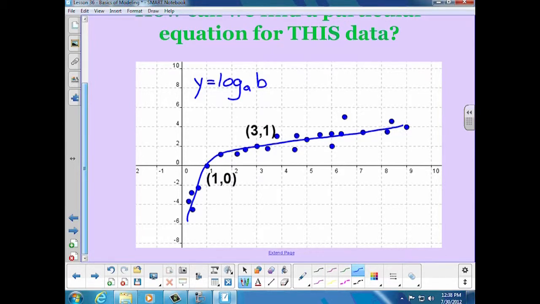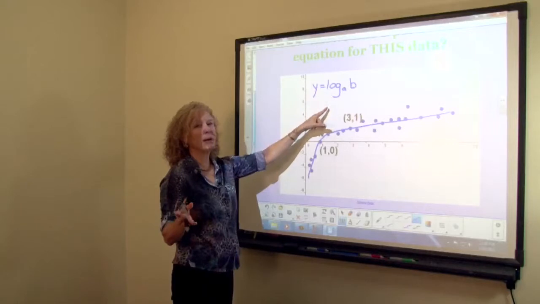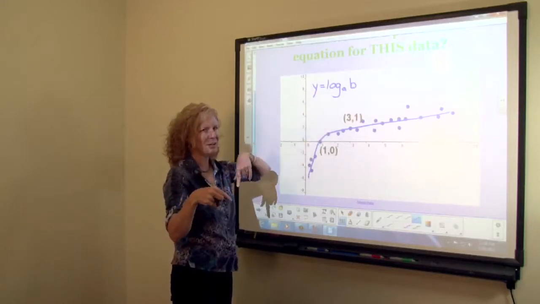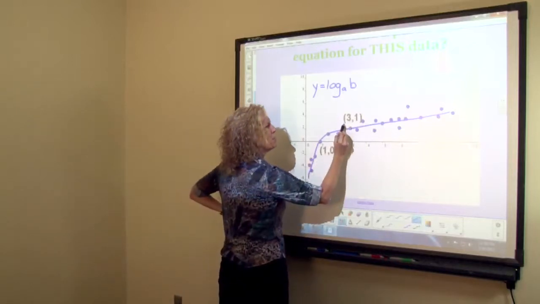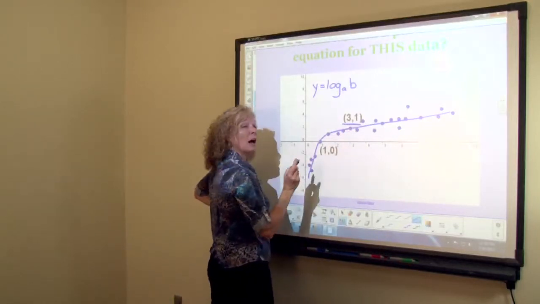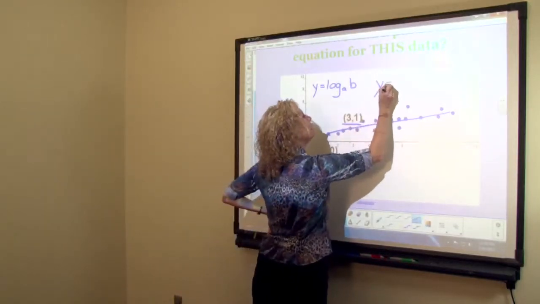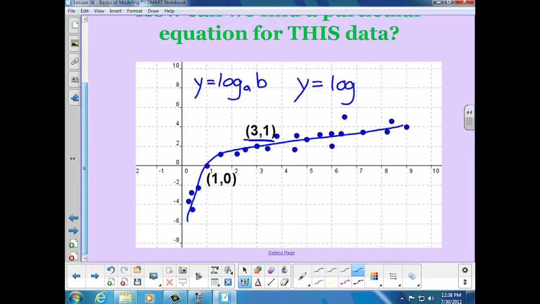Now, if you are really good with your logs, you realize that I can, in essence, set this up for any base I want, if I know the change of base formula and all this kind of stuff. But because I want to use this 3, 1, how about y equals log base 3 of x? This should have been an x, not a b.